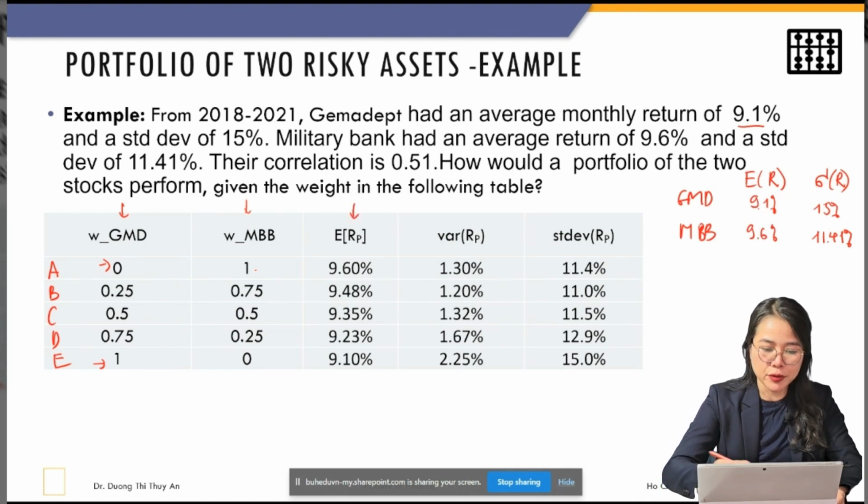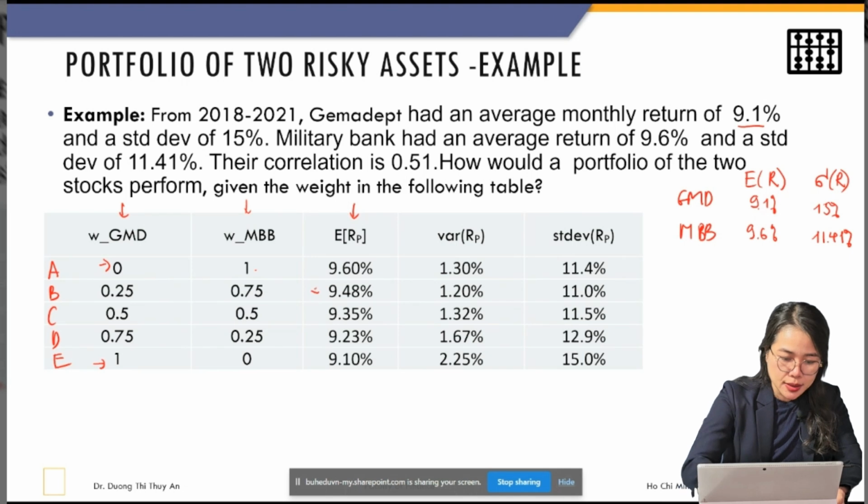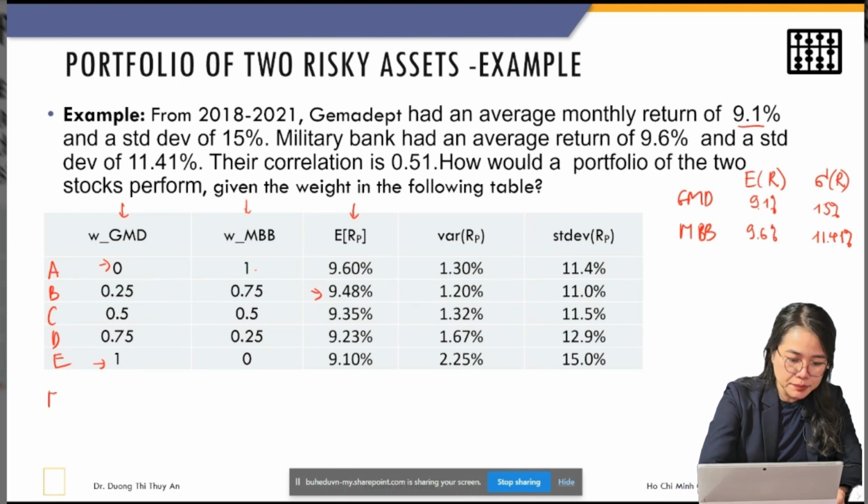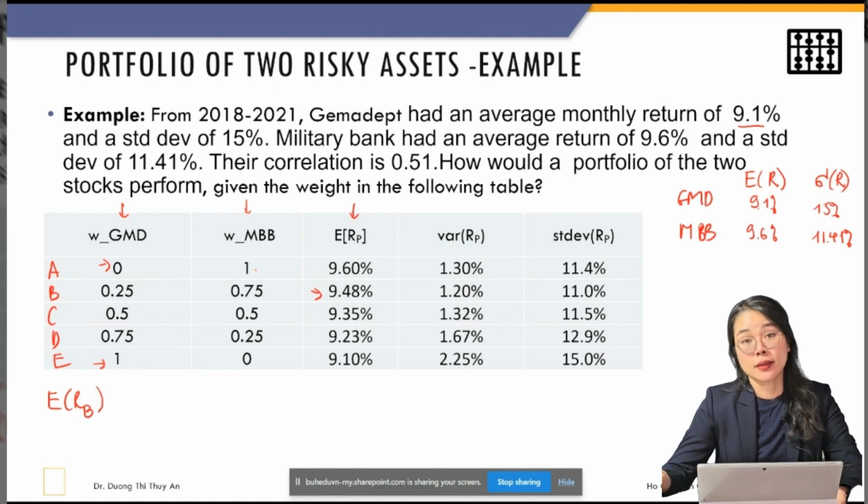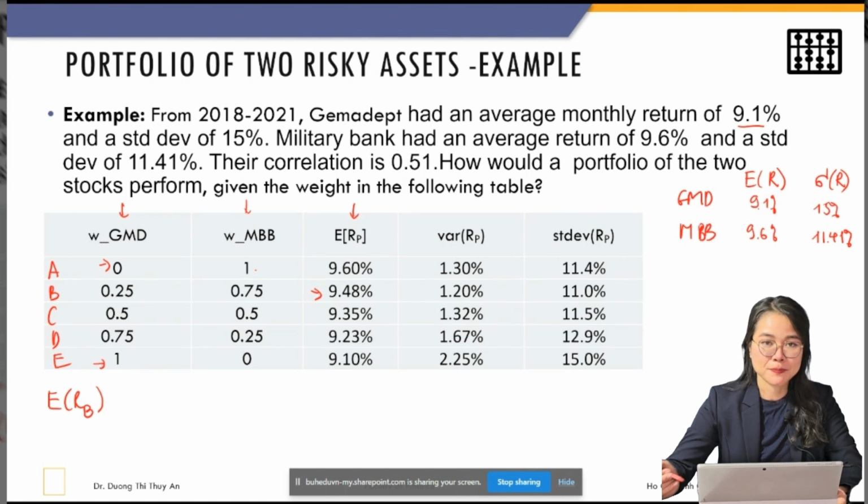For example, we take portfolio B. How do you compute the expected return of portfolio B? Can you do it? Please do it.